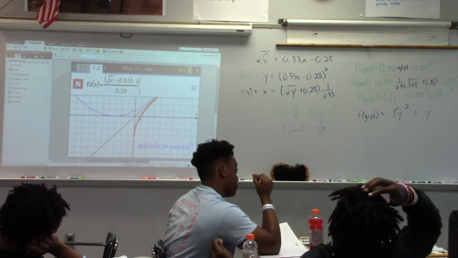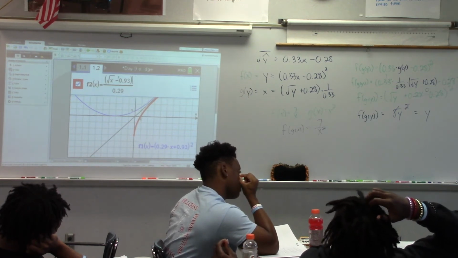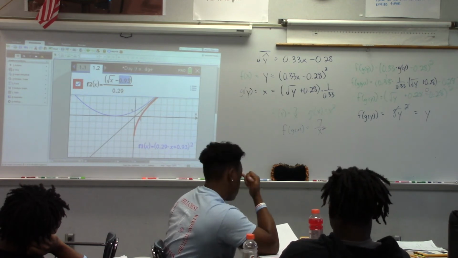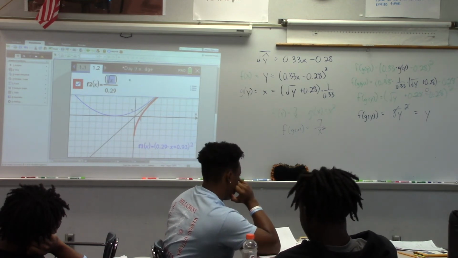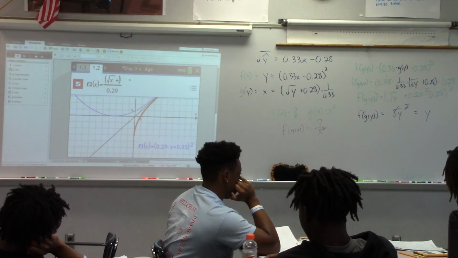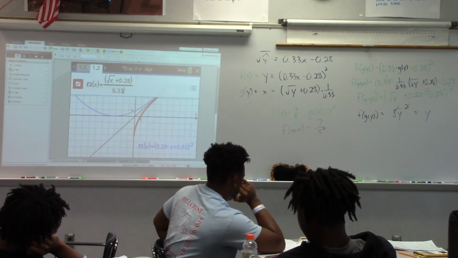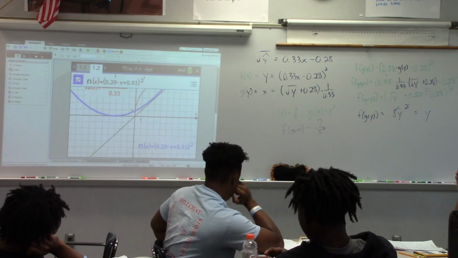The square root of x minus, what was your zero point? So plus 0.28, right? Not minus, for the inverse. This class had a slightly different thing, which is more than fine.